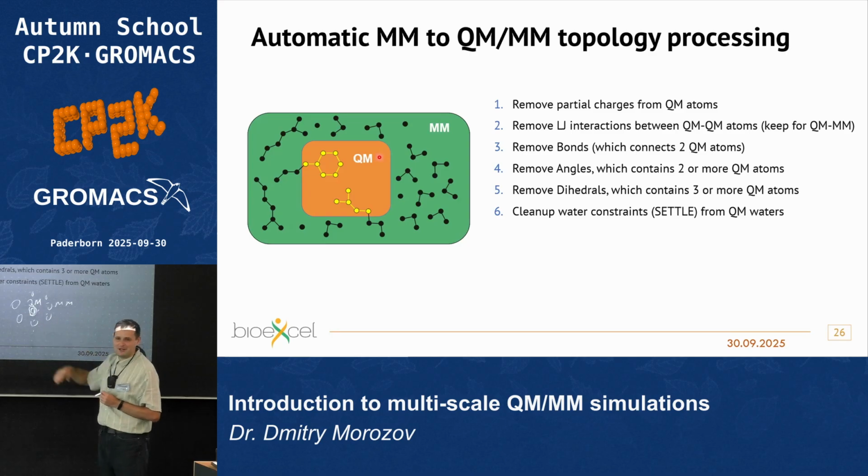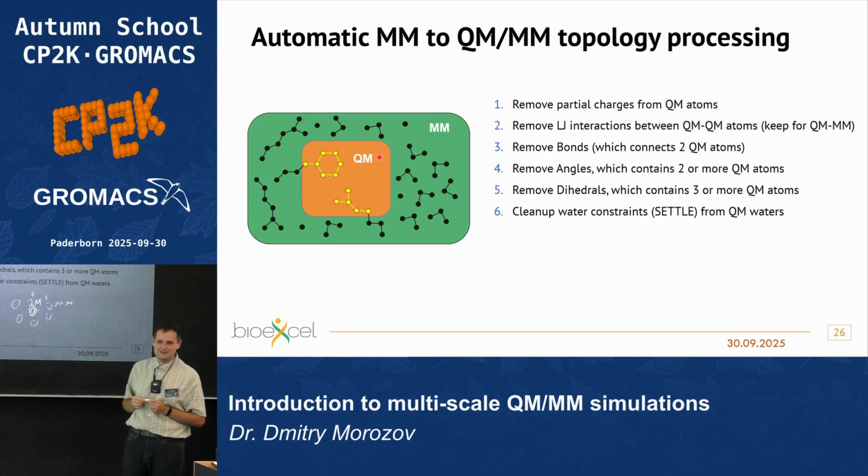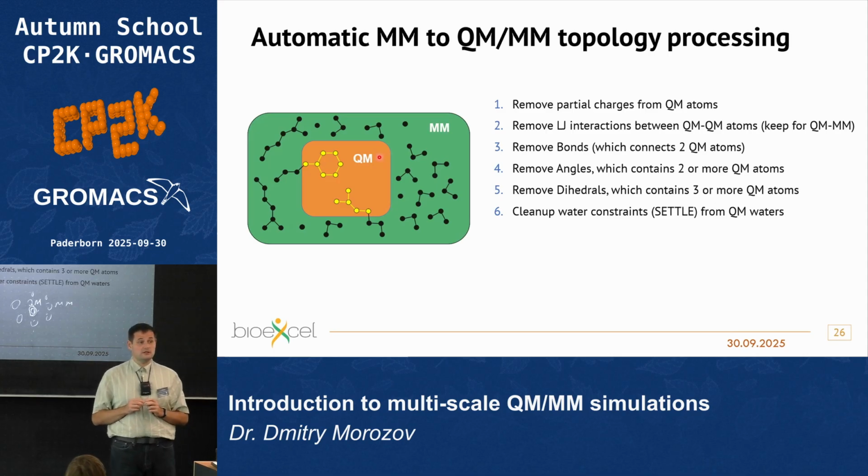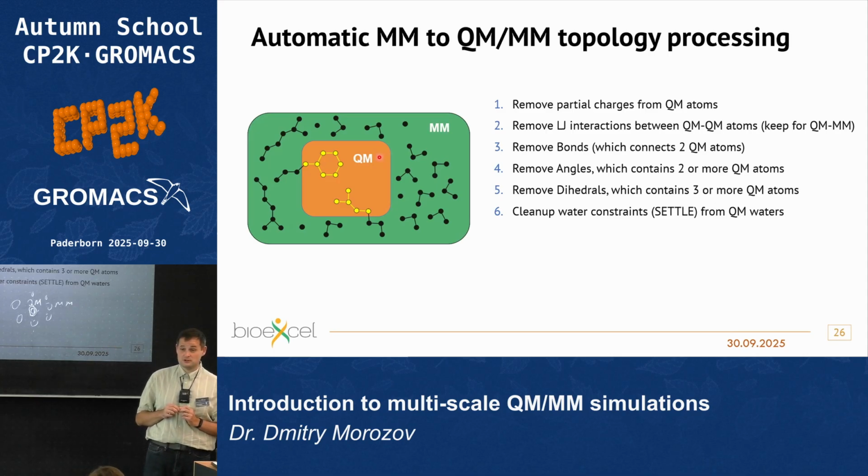Maybe a follow-up question, if it's allowed. Is there any development on an adaptive scheme in CP2K-GROMACS? There is not in GROMACS CP2K, but in pure CP2K they have this kind of adaptive scheme, when your QM system is adapting towards the current situation.